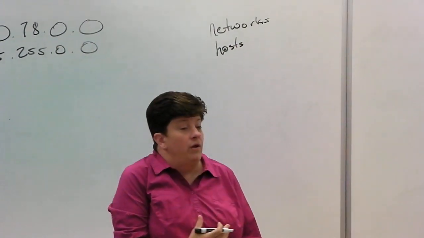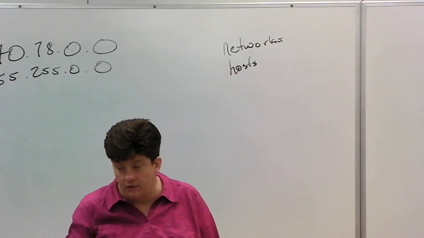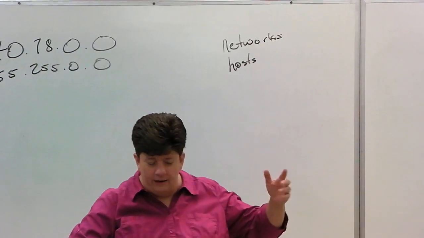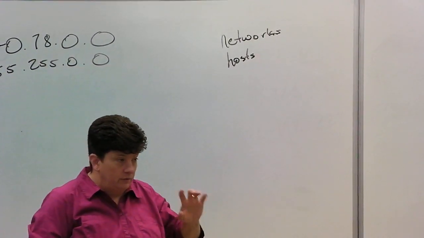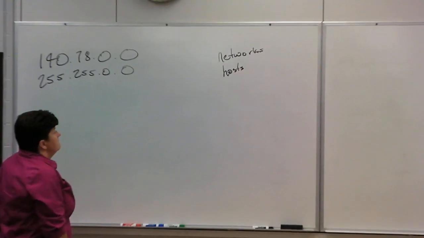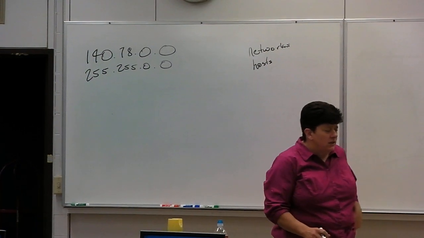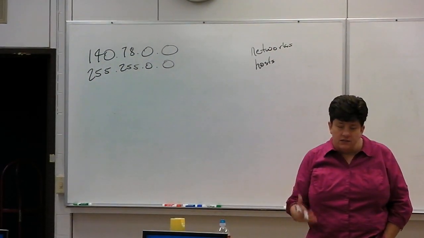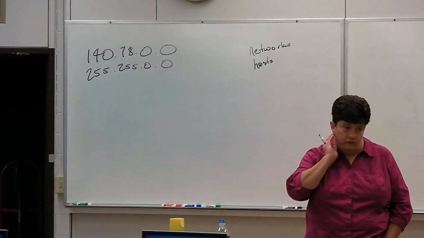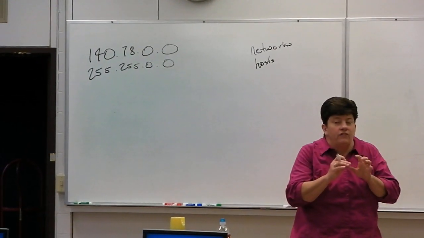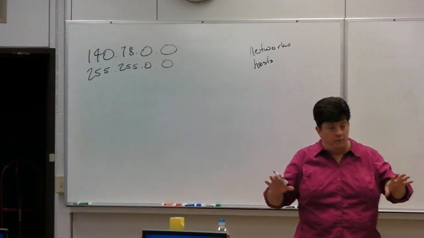What we're going to start with is the number of hosts. Sorry, let me back that up. I'm going to do networks. If I tell you I need 29 different networks. We've looked at the way our business is set up, and what I've decided is I need 29 different networks.